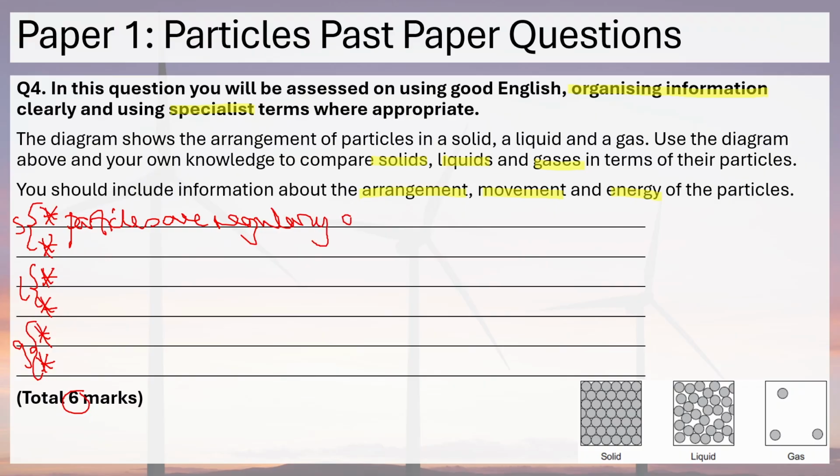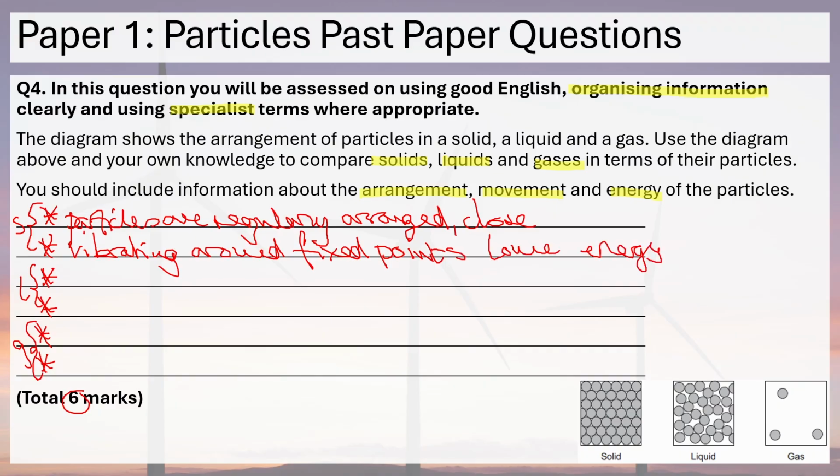I could talk about them being very close. I could talk about them vibrating around fixed points. I could talk about the fact that they've got a lower energy. So plenty of things I can say there.